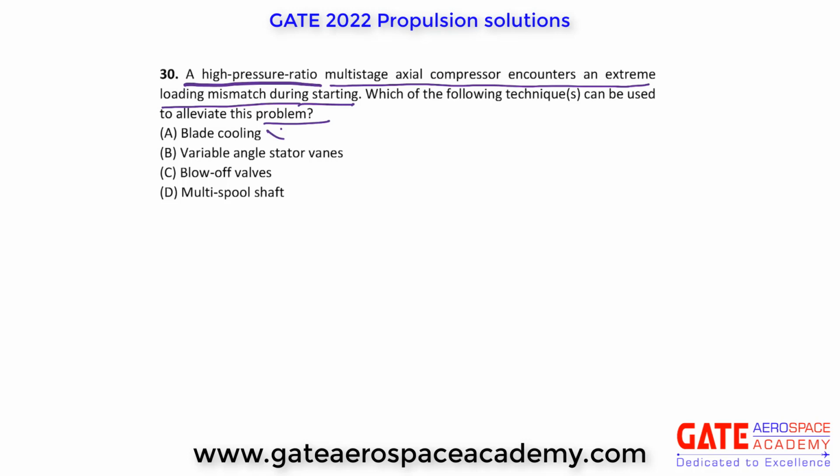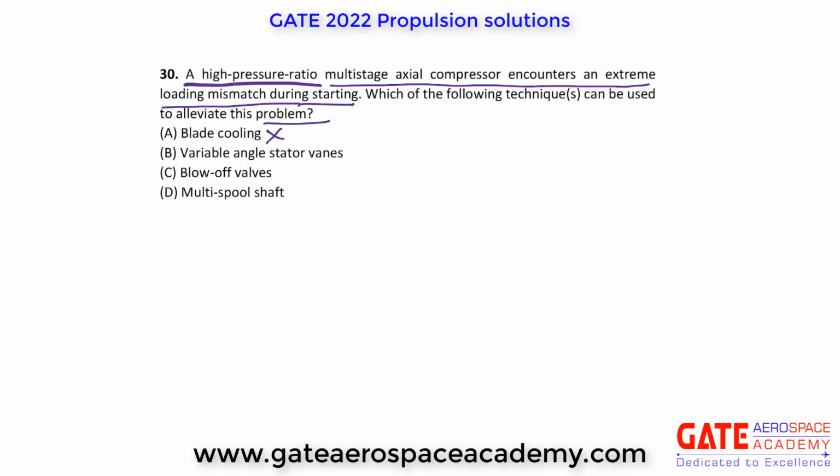So this is not the correct option because we use blade cooling in turbine and not in compressor, correct? Option B, variable angle stator vane. So this is correct option. Variable stator vanes can be used to deflect the air to change the angle of attack of blade to prevent the chances of stalling of blade, right?